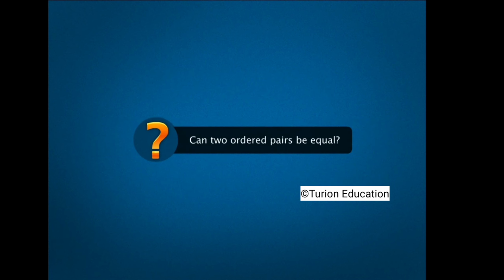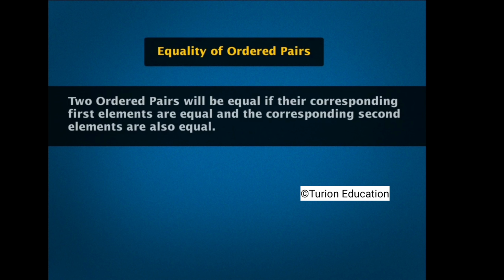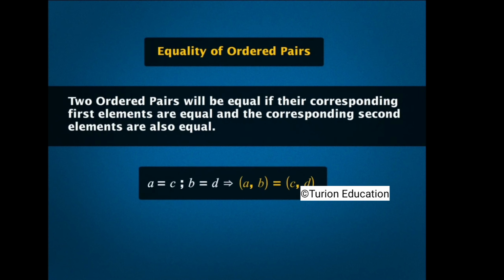Now, can we have two ordered pairs to be equal? Well, two ordered pairs will be equal if their corresponding first elements are equal, and the corresponding second elements are also equal. Thus, the ordered pair (a, b) is equal to the ordered pair (c, d) if a equals c and b equals d.